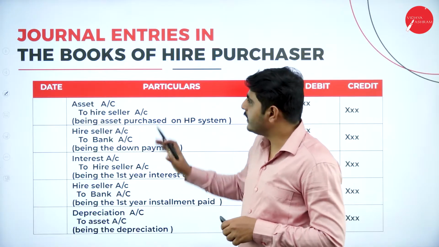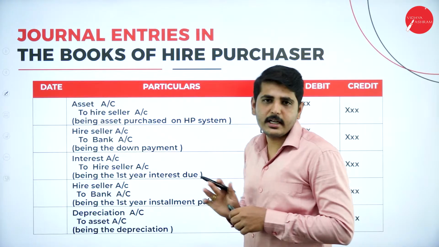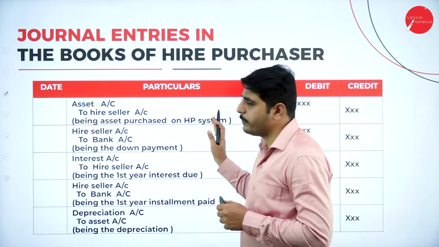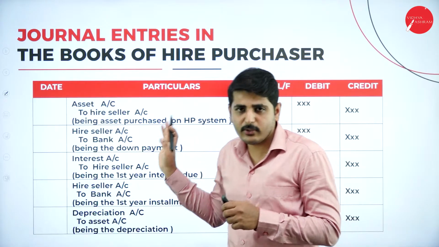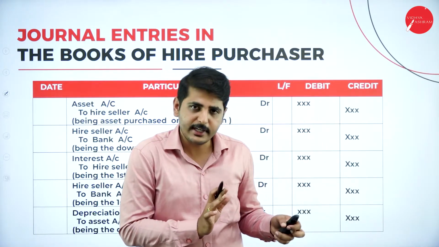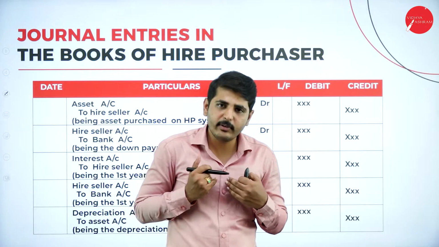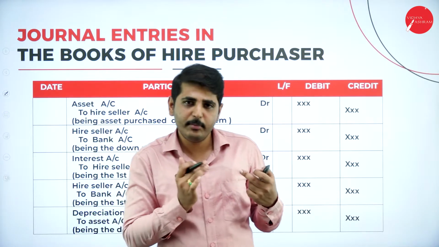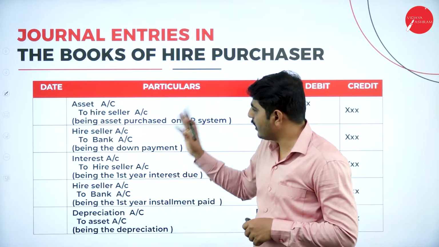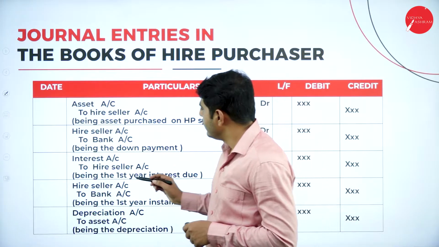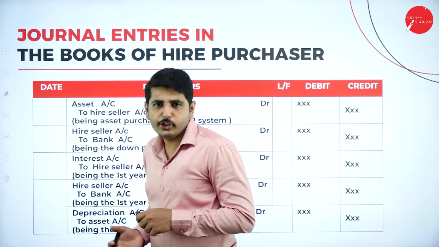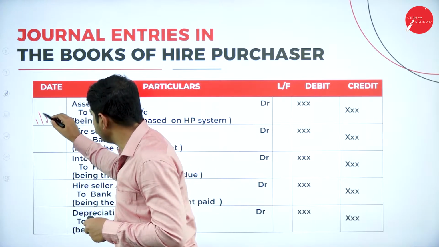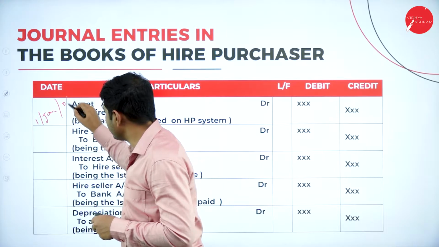Now, this is the format of journal entries in the books of hire purchaser. On the basis of journal only, we can prepare ledger entries. See, hire purchaser will prepare hire seller account. Hire seller will prepare hire purchaser account. Now, first one, for example, let's assume this is the first Jan or first year.